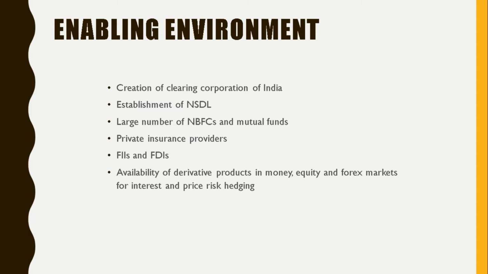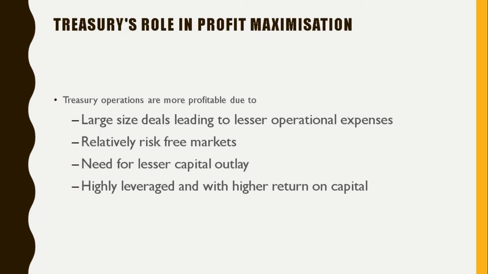Because of the enabling environment: creation of Clearing Corporation of India, establishment of NSDL, large number of non-banking financial companies and mutual funds, private insurance providers, foreign institutional investors and foreign direct investment, availability of derivative products in money, equity and forex markets for interest and price risk hedging. These are the reasons why treasury has become a profit center now.